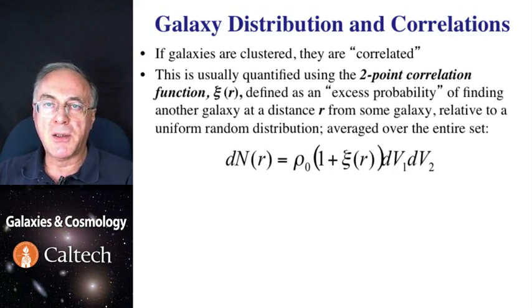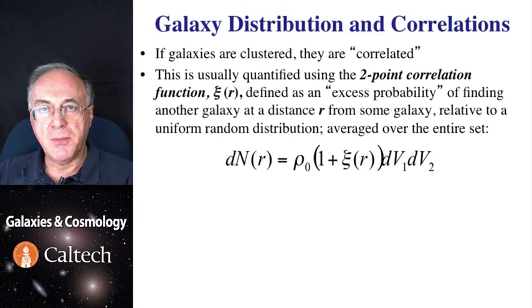Then at a distance from any given galaxy, there will be a certain probability of finding another galaxy. If you actually measure this, you find out there is an excess. There are more galaxies near other galaxies than you'd expect from a purely random distribution. And that excess above the random is what the correlation function is.